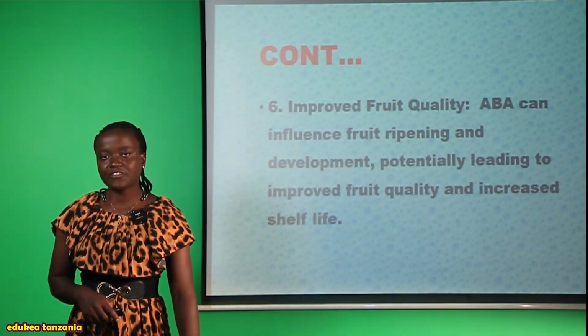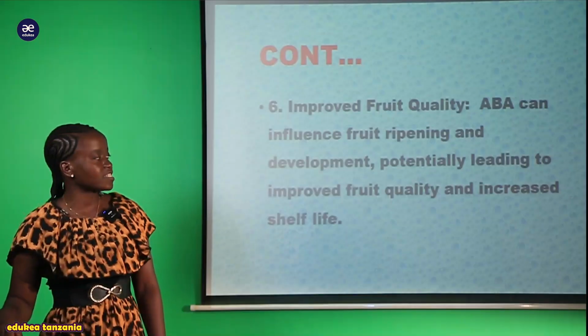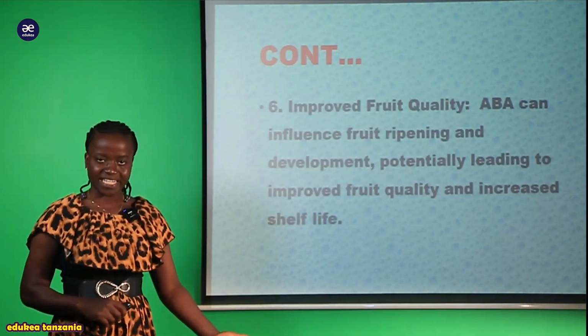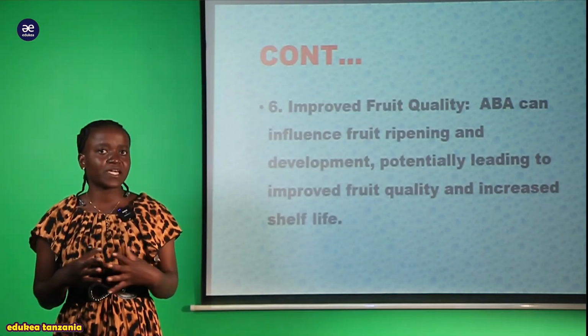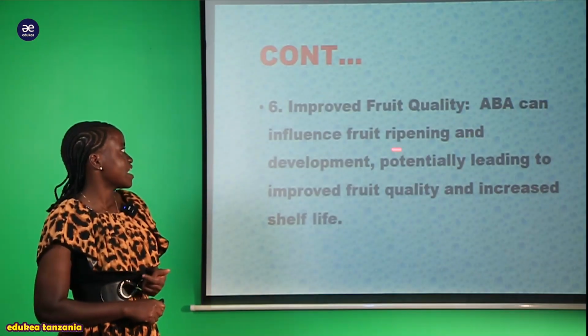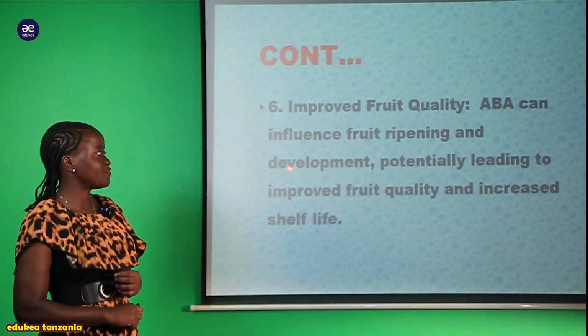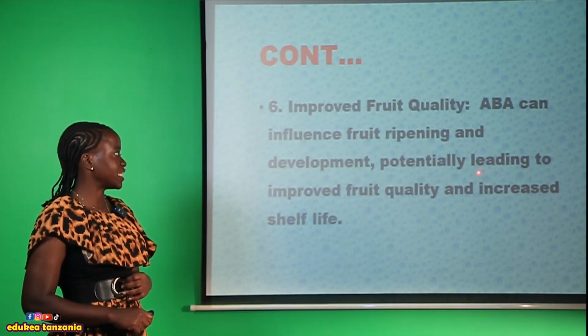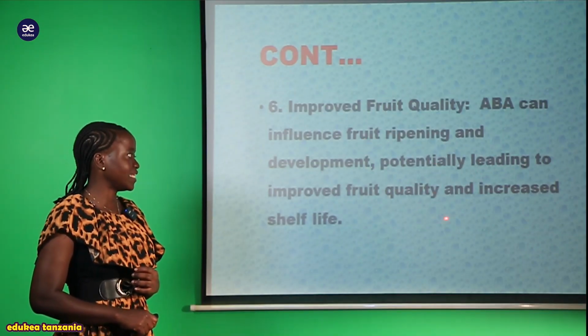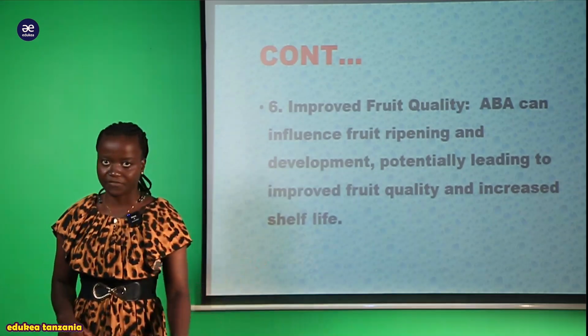Another function or another role of this abscisic acid, we can say that improve fruit quality. Inaongeza ubora wa matunda. Kivipi? Tunasema kwamba this ABA can influence fruit ripening and development, potentially leading to the improved fruit quality and increased shelf life.